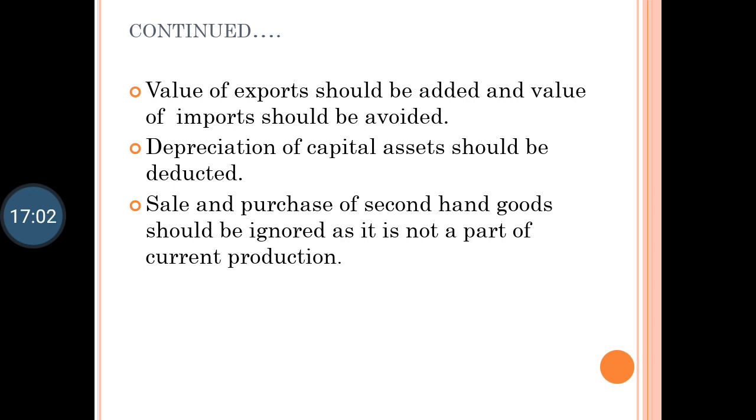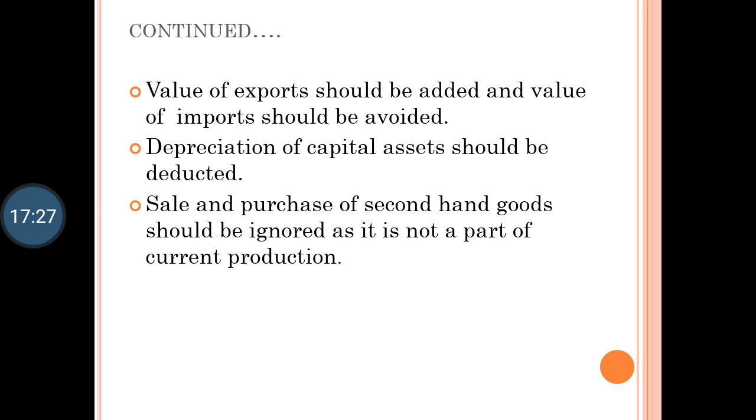Sale and purchase of second hand goods should be ignored as it is not part of current consumption. If a product is sold again, if it is a second hand product, for example a mobile is produced, you bought a new mobile, and after 4 or 5 months you are selling it to your friend, that means you are charging it two times.